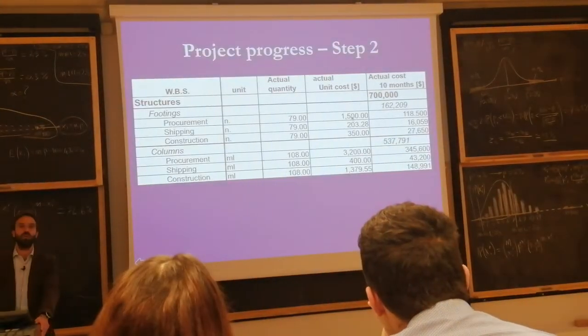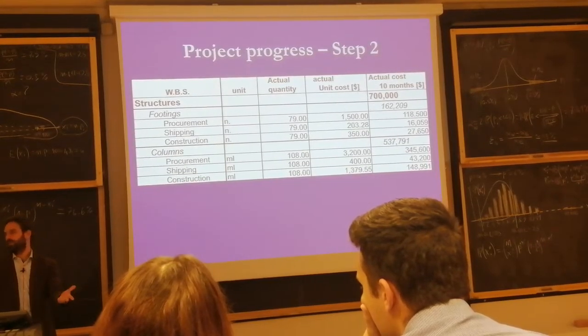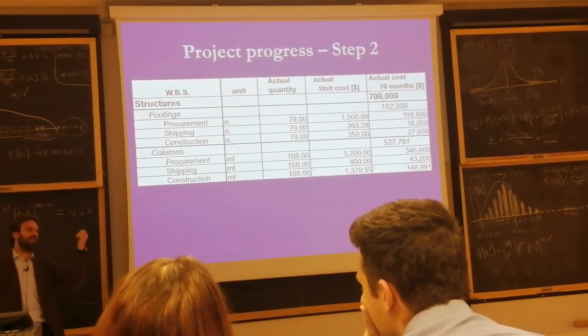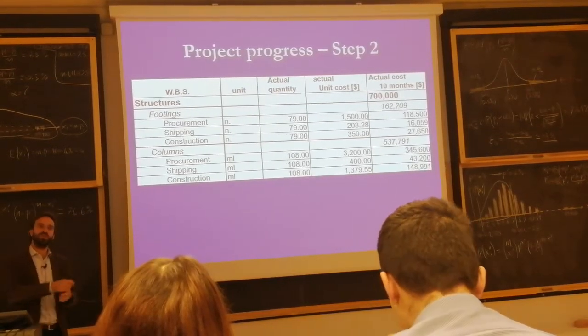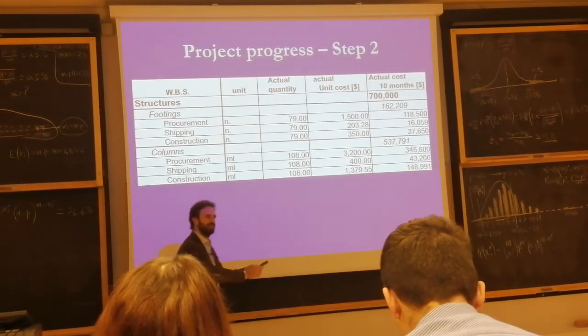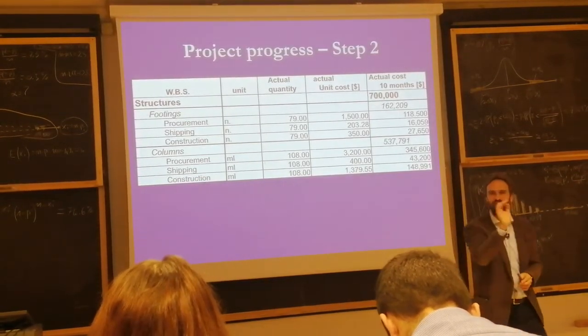If I were the boss, I would say, why are you spending $100 more each? It's because during the budget phase, we were so foolish that we didn't think about signing a contract to place the price firm and fixed.